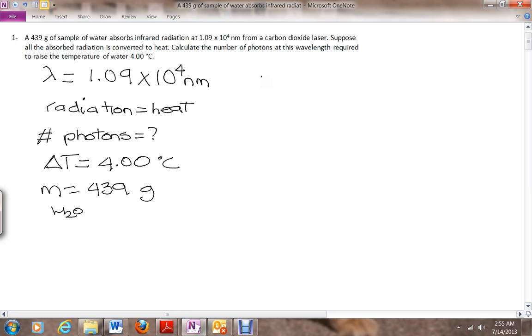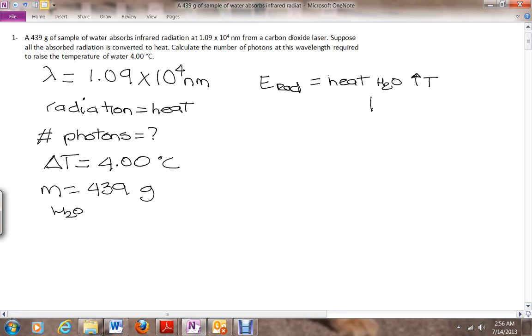The energy of the radiation is going to heat the water and increase its temperature.